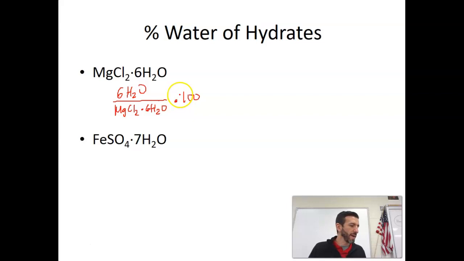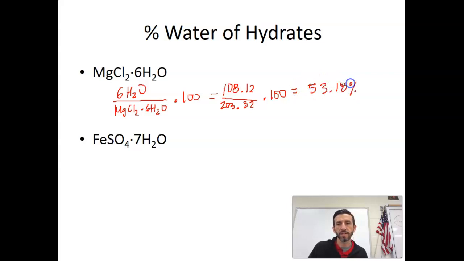So when I do that math, I should get 108.12 on top divided by 203.32. This didn't give me any sig figs, so I'm just going to round to the 100th place. 53.18% water. Okay, you try the next one, and then I'll put the answer up.